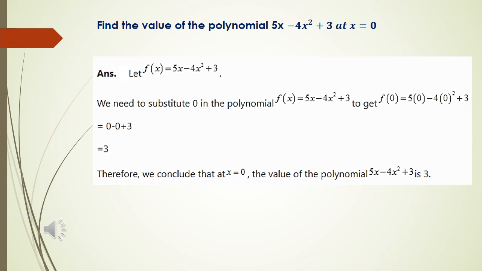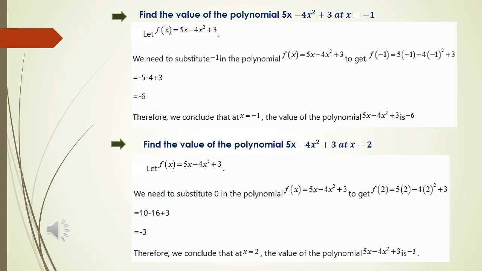So here in the place of x we will substitute 0. So we will have 5 multiplied by 0 minus 4 into 0 square plus 3. As we simplify, finally we will get 3. Therefore, we conclude that at x equal to 0, the value of the polynomial 5x minus 4x square plus 3 is 3.